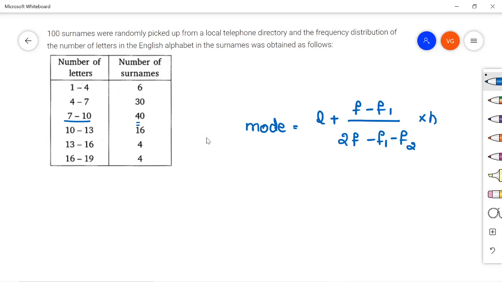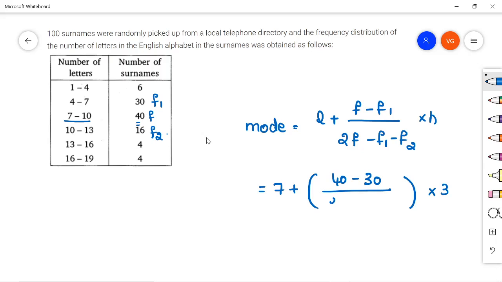So the lower limit of the modal class is nothing but L, 7, plus height of the modal class here is 3, 10 minus 7. So the corresponding frequency is nothing but f, that is 40, minus f1 is the frequency that is preceding the modal class. So this is f1, 30. So f2 is the frequency that is succeeding the modal class. So f2 is 16.